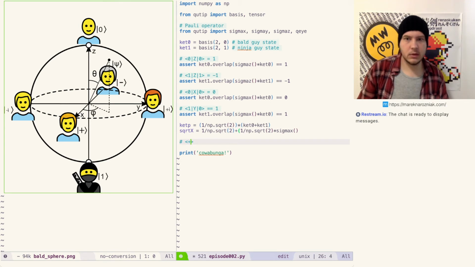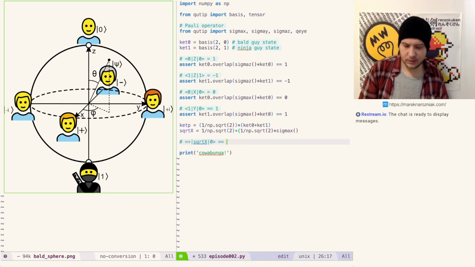Plus. Maybe we can just do. Oops, sorry. Did I say I'm not good with Emacs? Still learning. God damn it. Why is it doing it? So annoying.